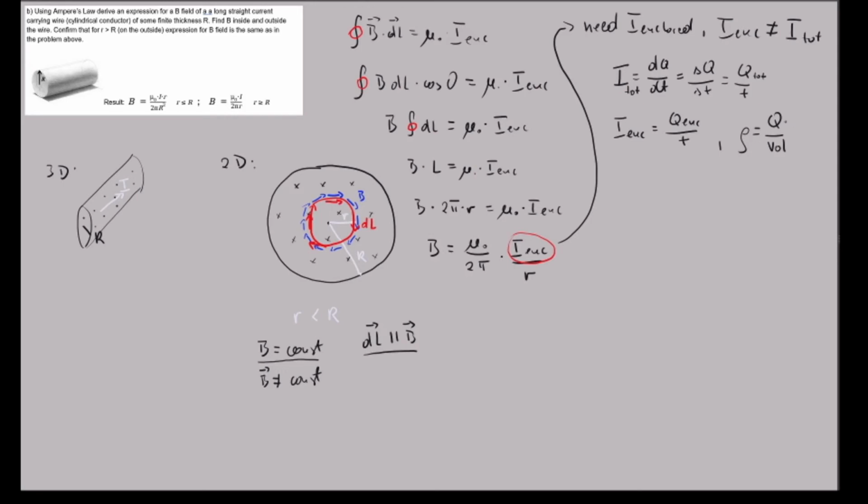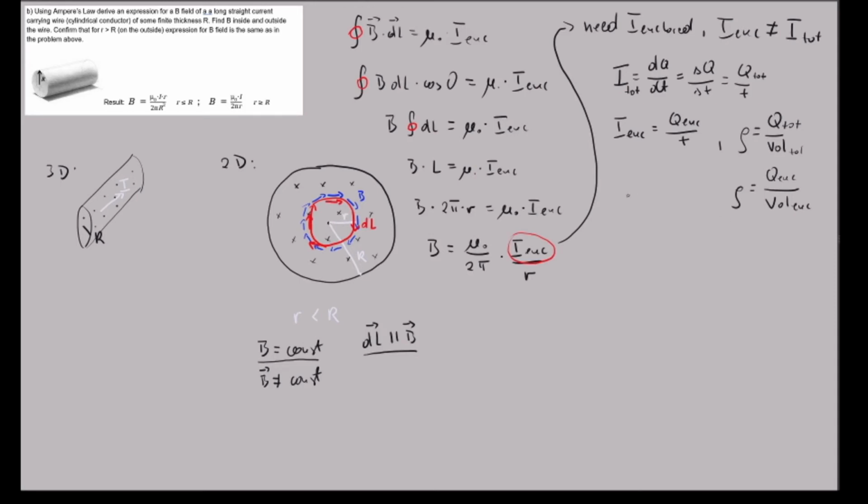So we could say that we have some total volume of the wire. Since the density of the charge here is constant, that would imply that I could also write Q enclosed over the volume enclosed by the loop. I'm looking at the charge within this loop and the volume within this loop.